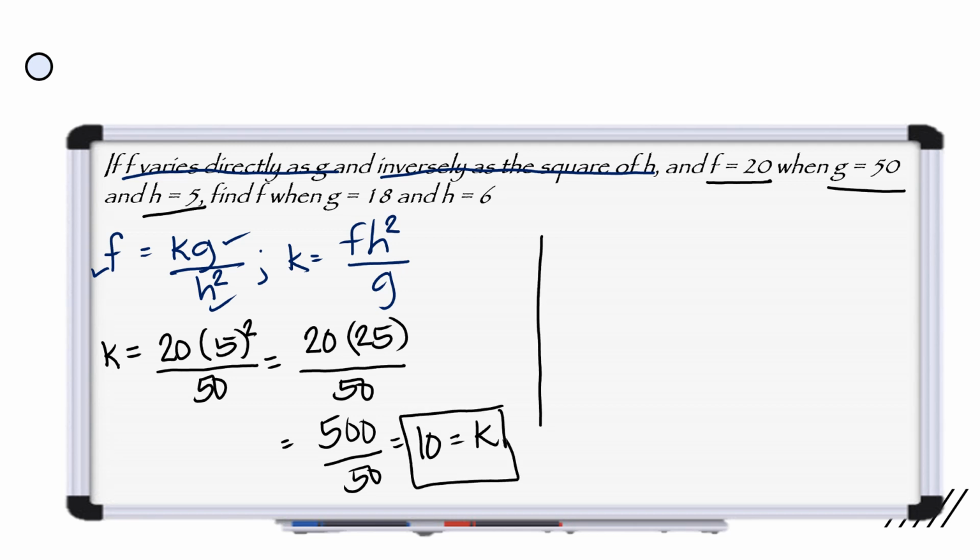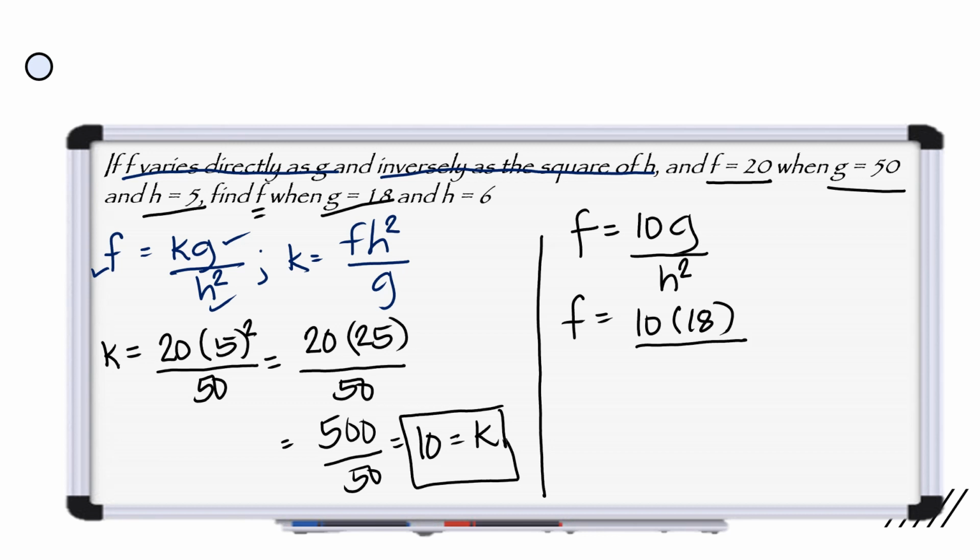Then after that, we can find the missing one. So, let's substitute first. So, F is equal to, our k is 10, g over h squared. So, here we need to find F. 10, our g is 18. Then, our h is 6. Wait, why is there an equal sign?